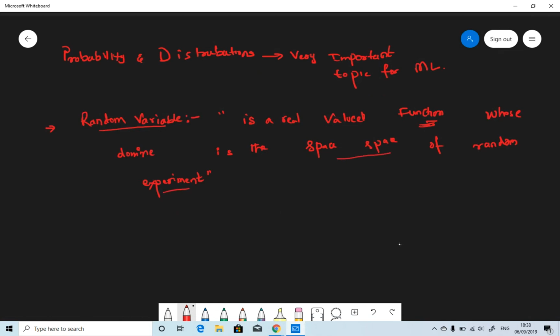Like throwing a dice. Throwing a dice, what is my sample space? A real valued function is nothing but a number of things. Write it down. We will see this definition with a clear example. We will take one example, then I'll explain what a random variable is all about.